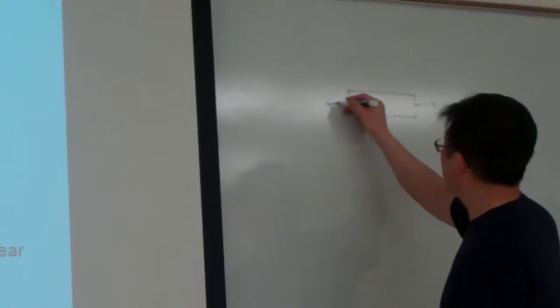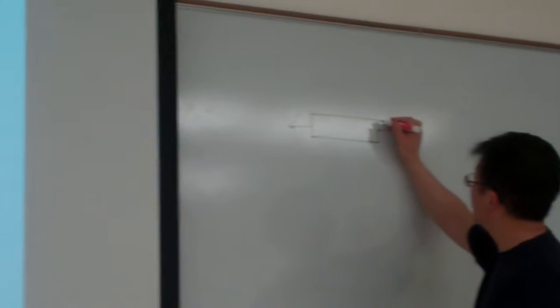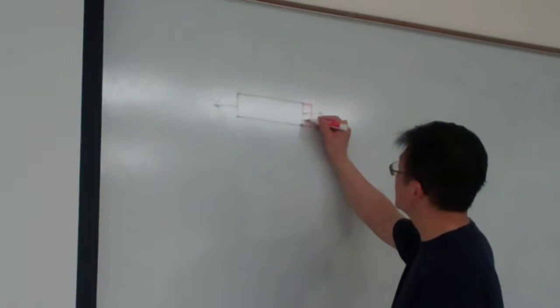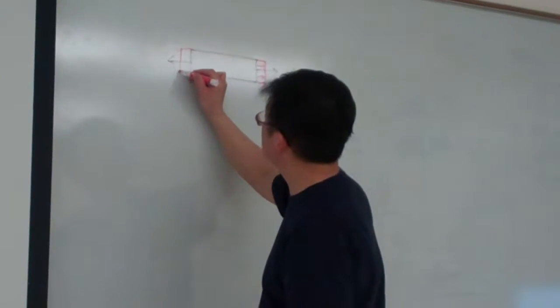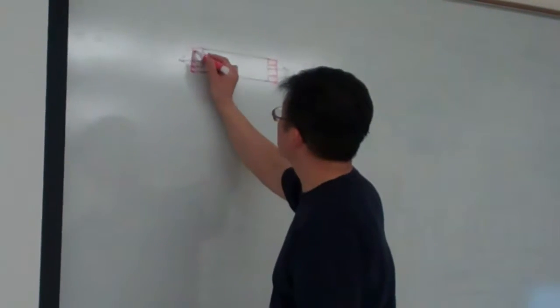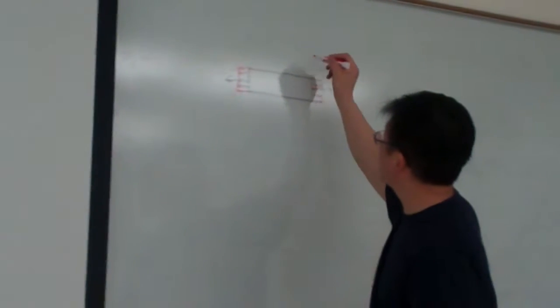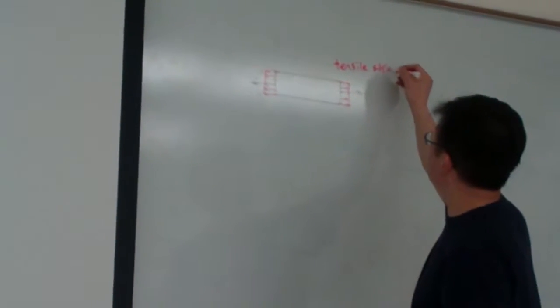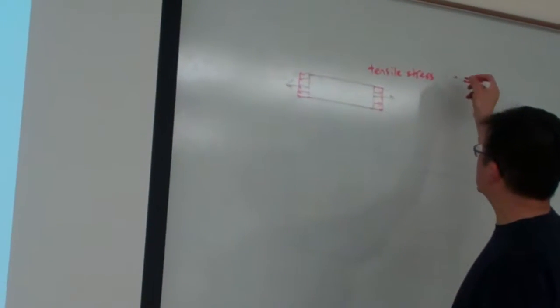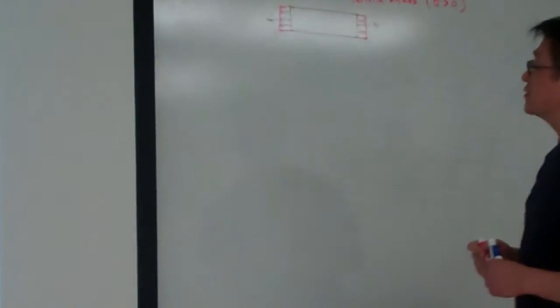If we have material like this, and it's under stretching, the induced stress will be like this. Basically, it's pulling out. So this is called the tensile stress, and in our sign convention we define tensile stress as positive.